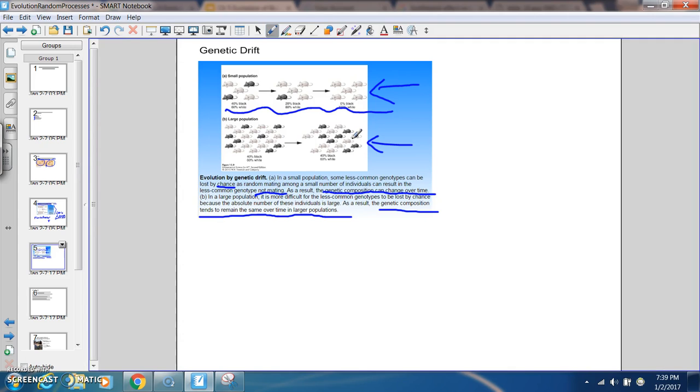There's a greater chance of them mating, and so there's a greater chance of that phenotype being persistent through the population. So it's important to know that genetic drift is more evident in smaller populations.